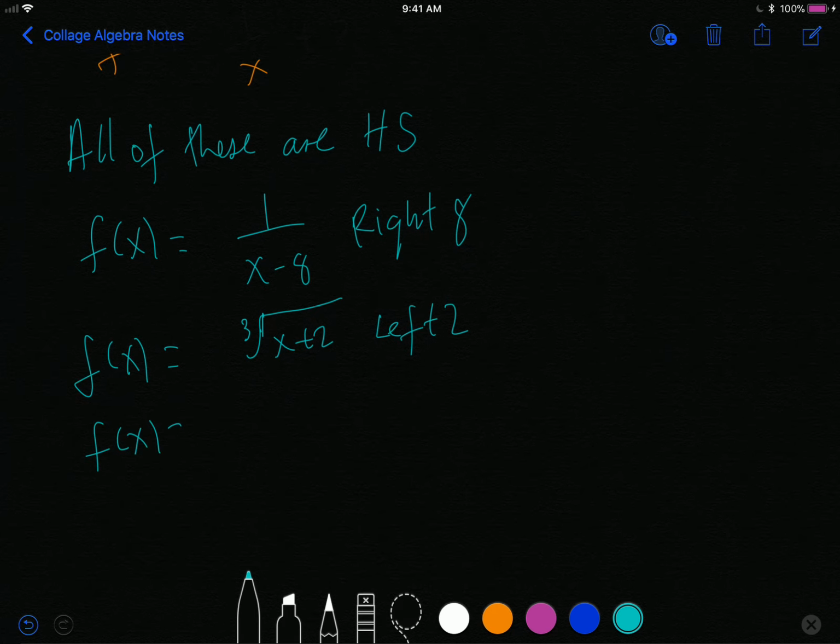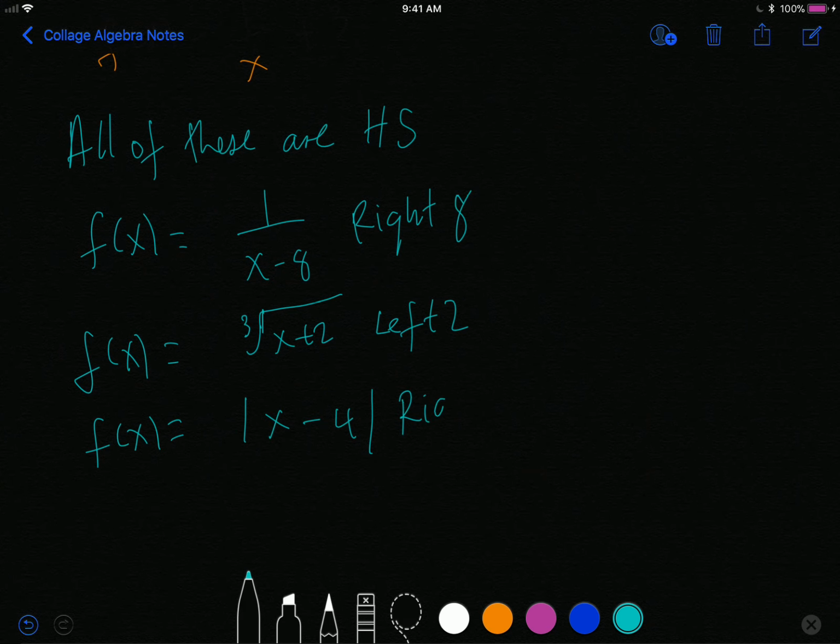F of x equals the absolute value of x minus 4, and then that would be a minus sign, so that's right 4. You always gotta remember that the horizontal shifts are always crazy.